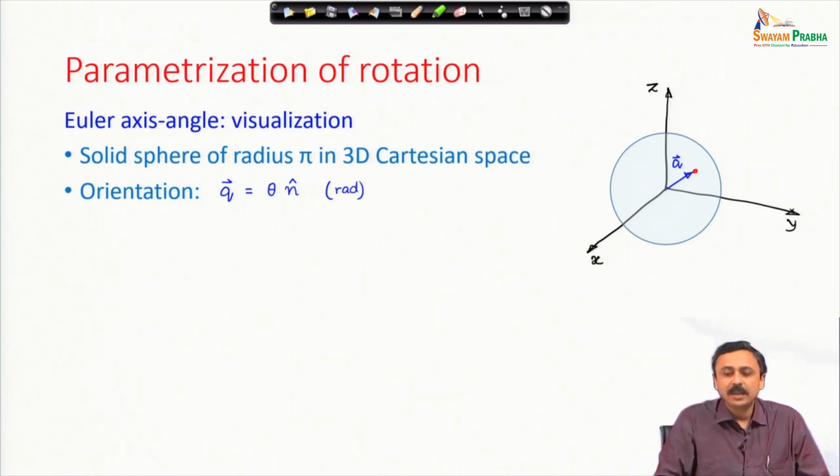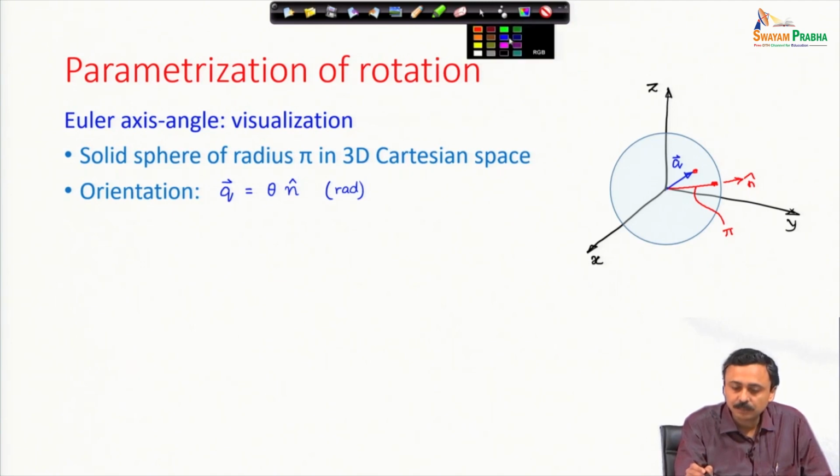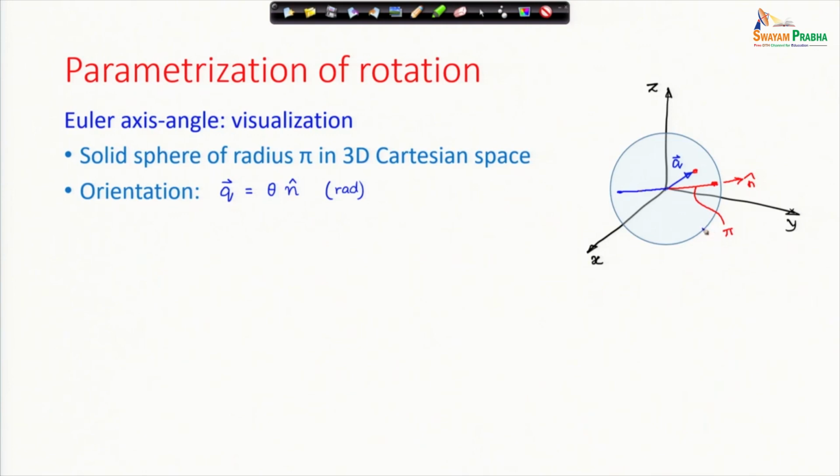Why am I saying radius pi? When you have such an orientation vector q with rotation of pi radians and minus pi radians about the same unit vector, that means, suppose I take a point here, the length of this is pi and the direction is some n cap, magnitude is pi, and I consider just the diametrically opposite point, because now we are on the surface of that sphere.